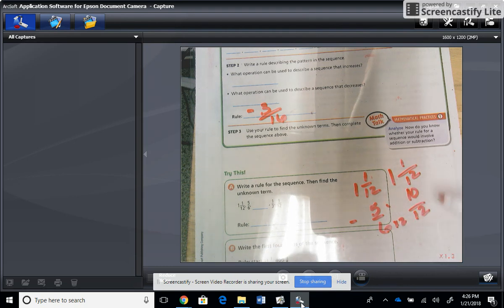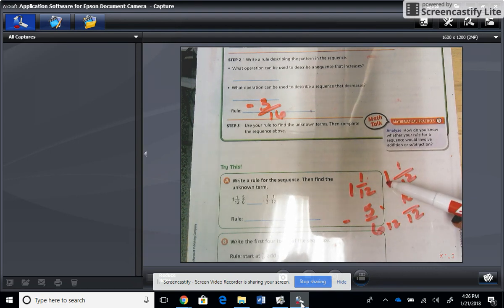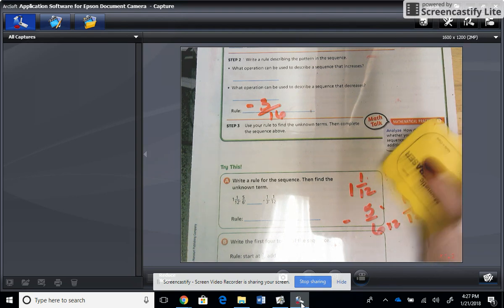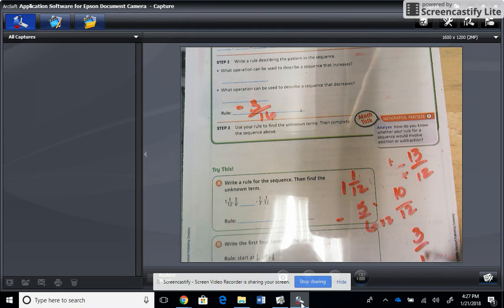So if I take this times 2, I obviously cannot take 10 out of 1. So what am I going to do? I'm going to make this an improper fraction. So 1 times 12 is 12, plus one more, it's 13 twelfths. So now I'm subtracting 13 twelfths from 10 twelfths, and I get 3 twelfths.